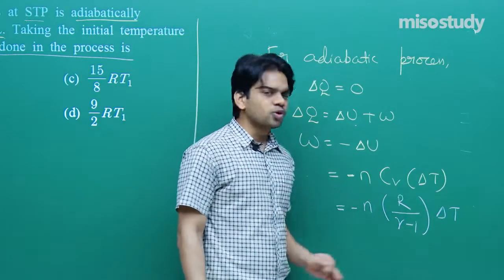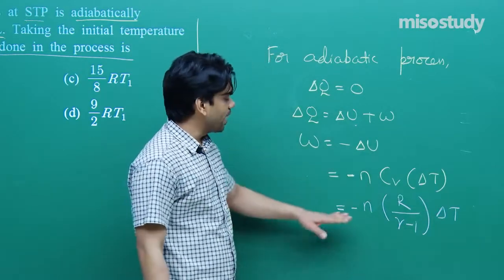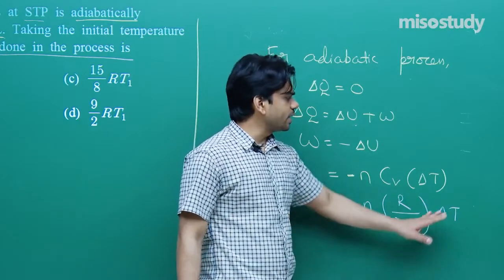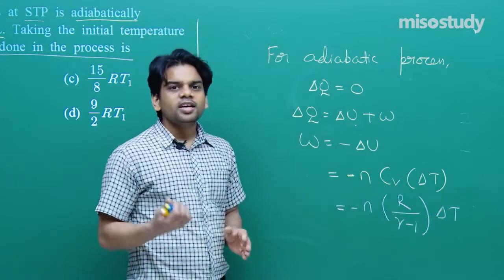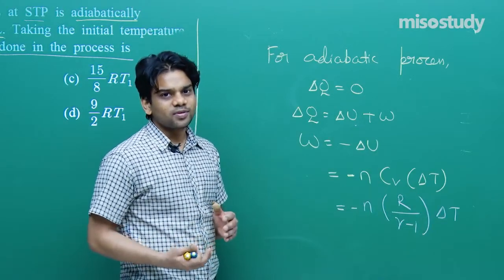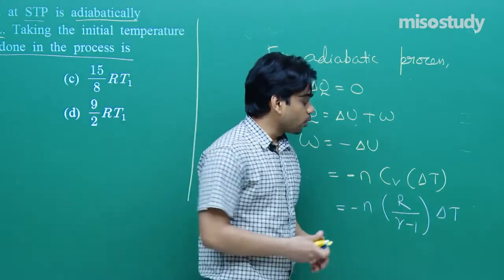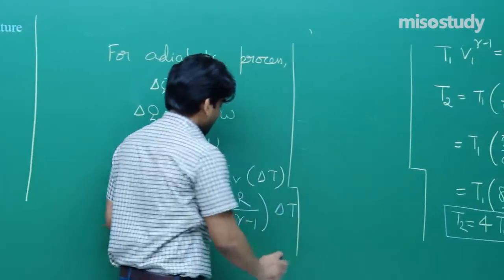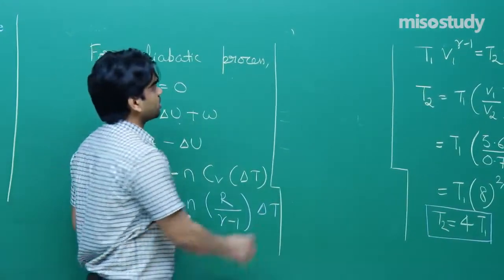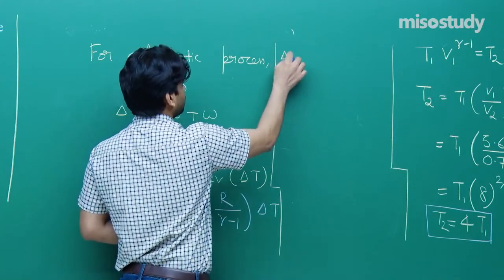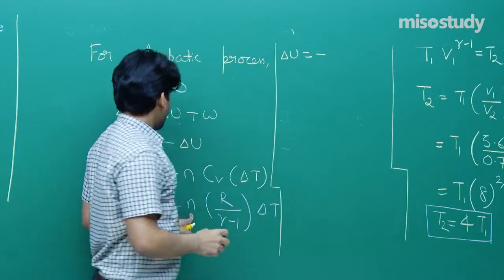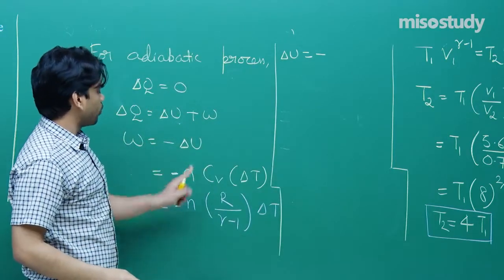And now you just substitute the values. You substitute the value N as 1 by 4, gamma as 5 by 3, that I already have told you. And delta T will come out to be T2 minus T1. You will get the answer. So finally, see here, N is how much? W equals minus delta U, I've already applied here.